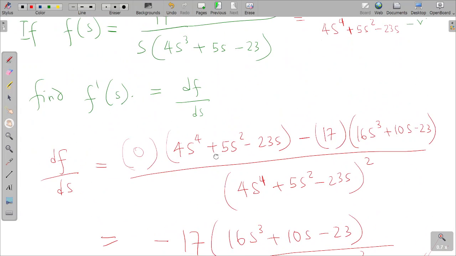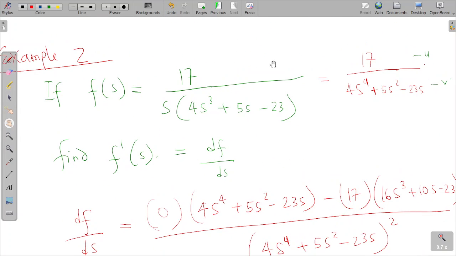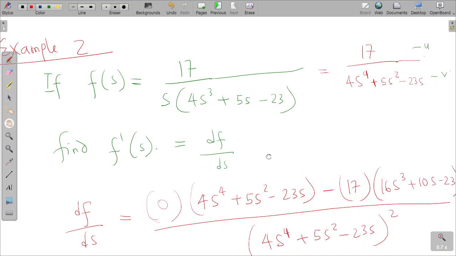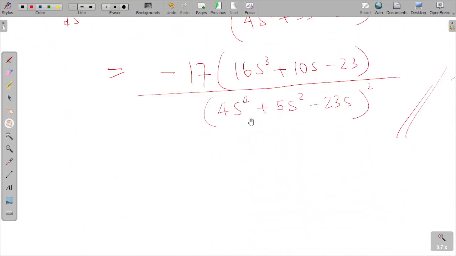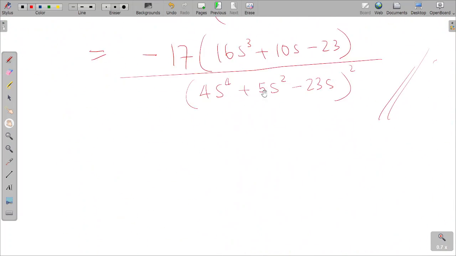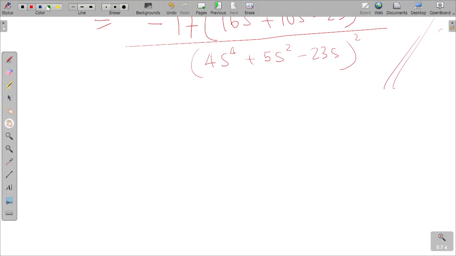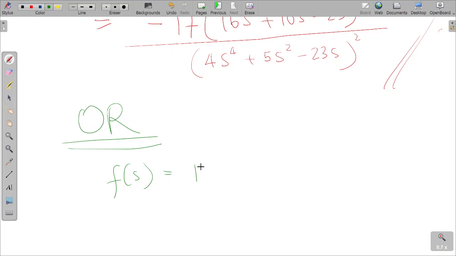But alternatively, you can convert these to a form like this. So alternatively, f of s can now become 17 times (4s⁴ + 5s² − 23s) raised to the power minus 1.